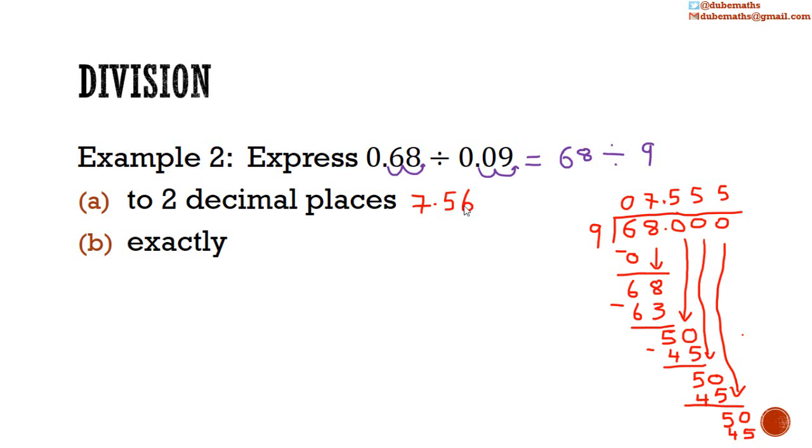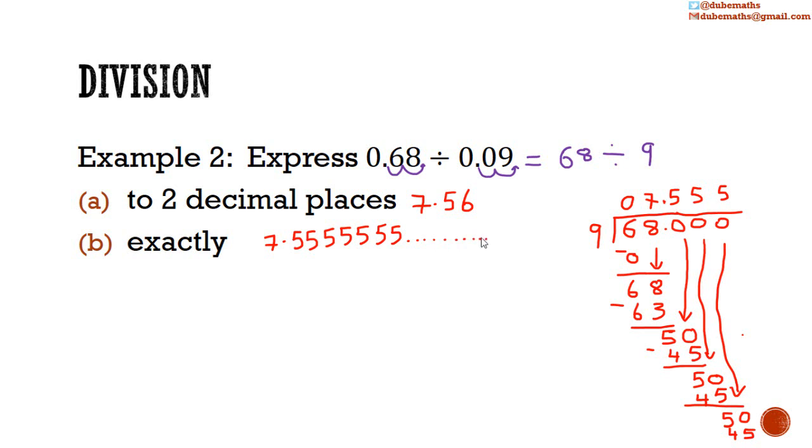So three times this step has repeated, and we see that this pattern is continuing indefinitely. So it is safe to conclude that the exact answer would be 7.5555555 and continues indefinitely.